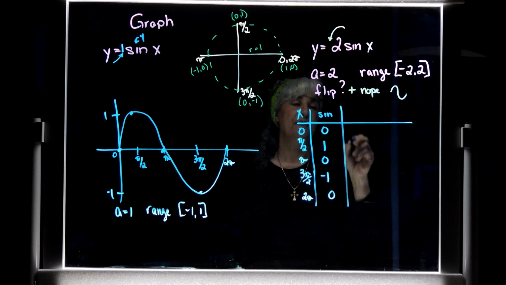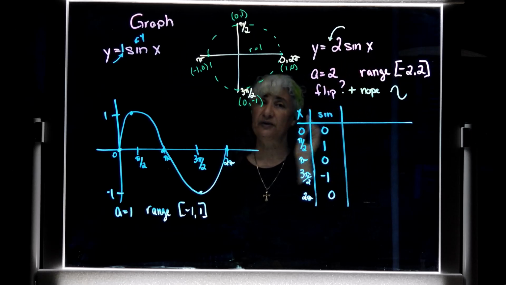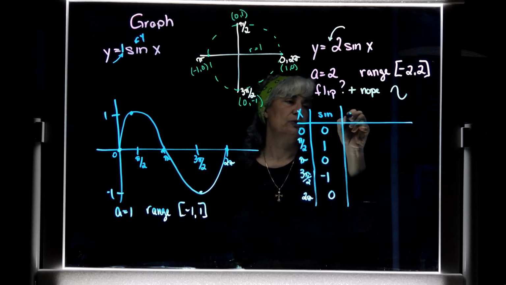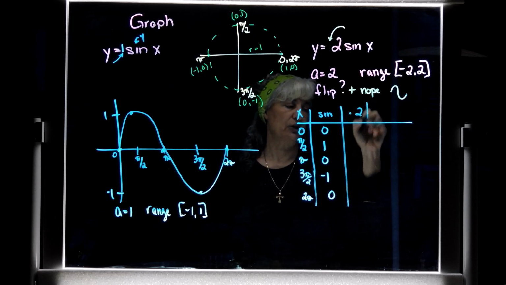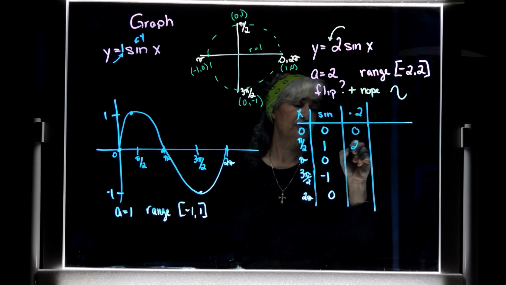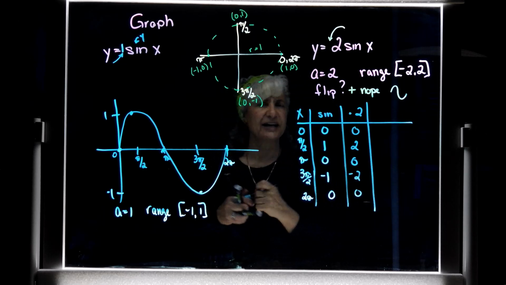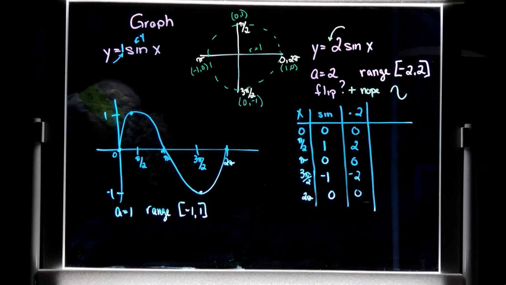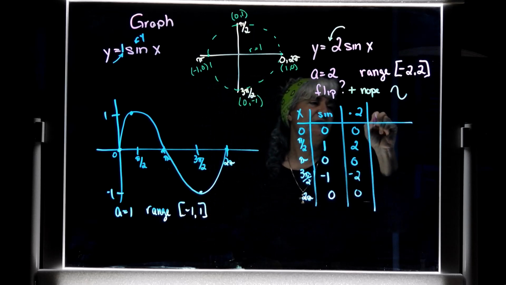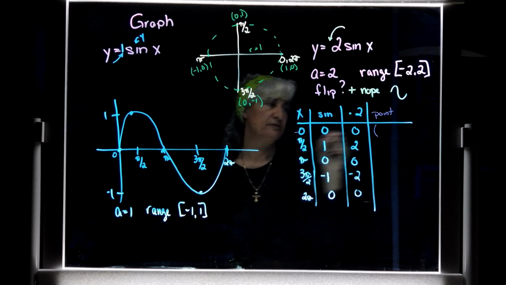Excellent. And then according to your equation, after you plug in the x and you take the sine of it, what do you do next? You multiply by 2. So you can multiply by 2 as well as I can. 0, 2, 0, negative 2, 0. Loving it. And last but not least, you identify the point. So what did we plug in? 0.